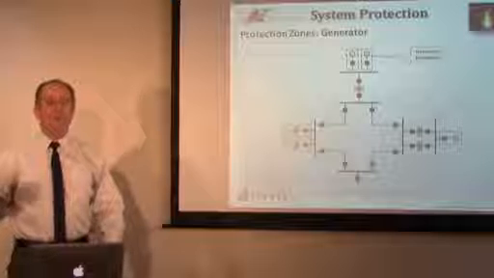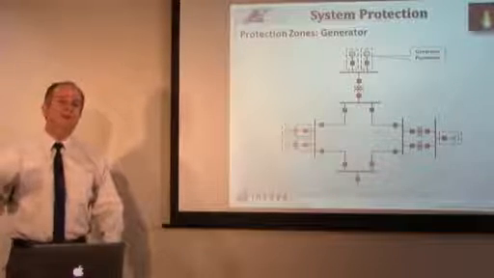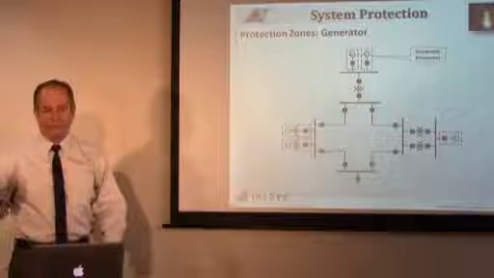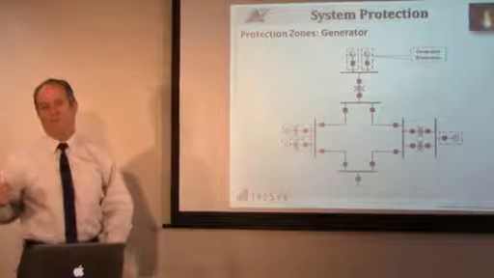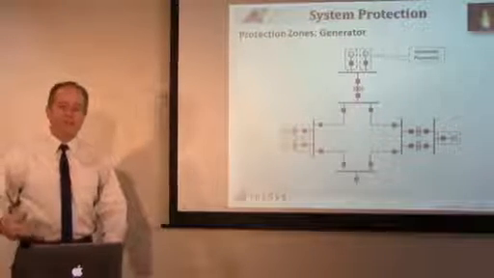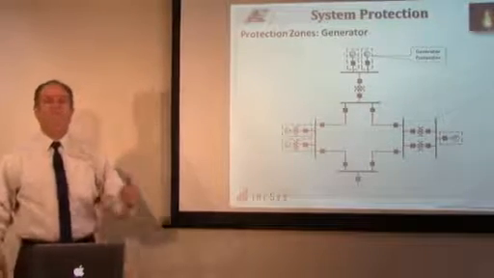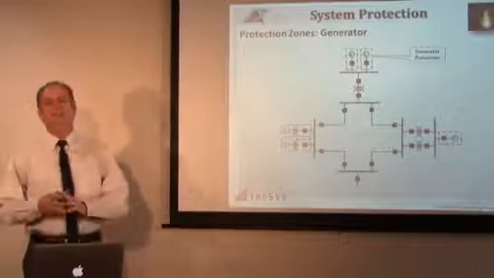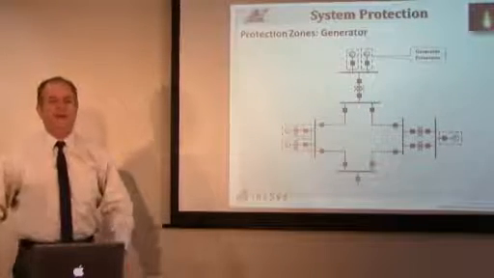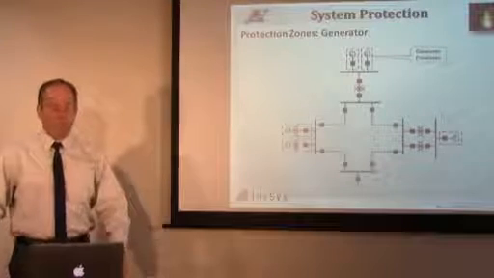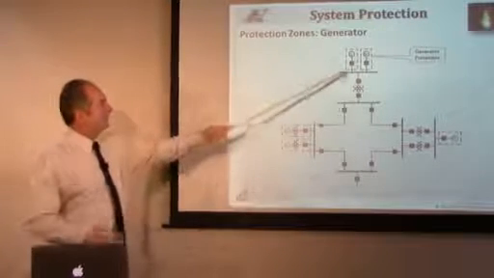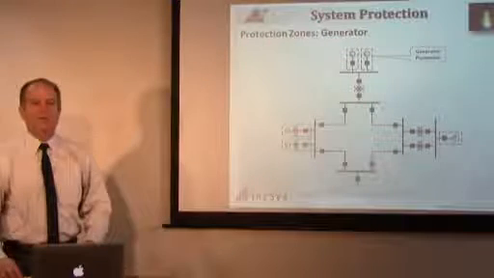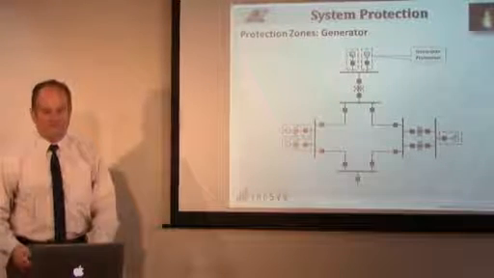Or maybe there's overvoltage, or maybe there happens to be excessive frequency, like perhaps the load was removed out in the system and now frequency is too high, so it will trip on overspeed. Or maybe motoring a generator is going to trip. There's many different reasons you would trip a generator. And if you do, there could be a problem with electrical wiring anywhere in here, so we're talking about tripping for generation.